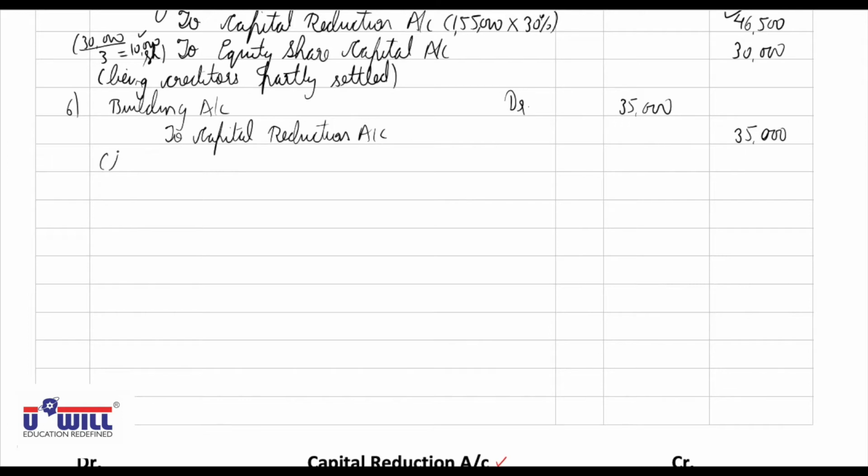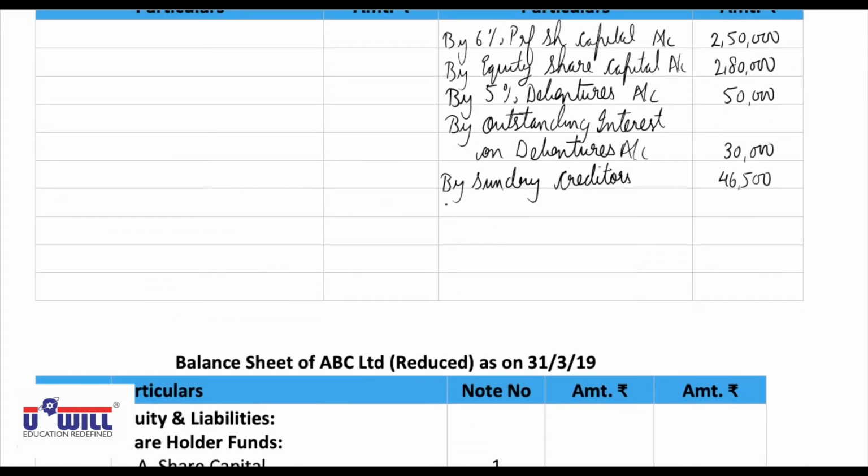Being increase in the value of building. Now to capital reduction account 35,000. So capital reduction credit side 35,000, opposite account by building account 35,000.